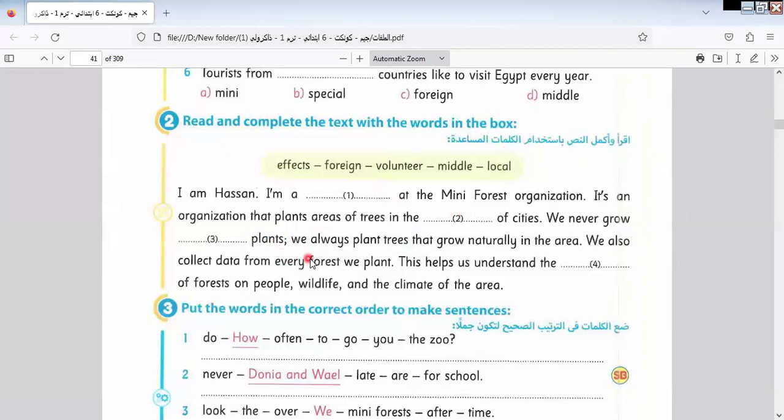Here we have local plants because we always plant trees that grow naturally in the area.